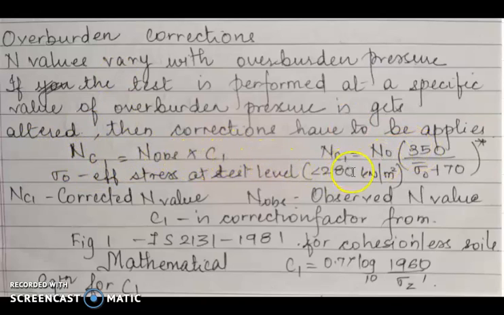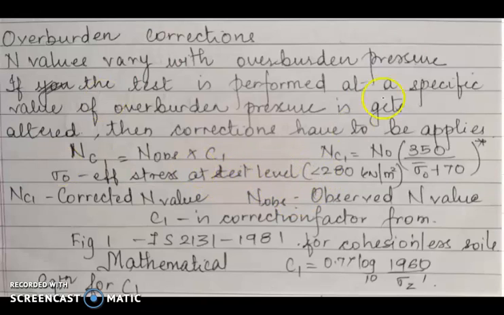Another way is, corrected value of N can be given as N observed into 350 divided by sigma initial effective overburden plus 70. Now what is this sigma 0? It's the effective stress at test level. So this is very important.